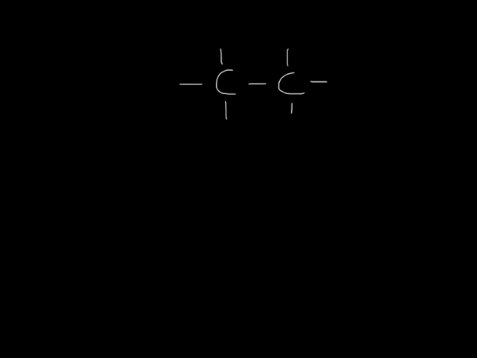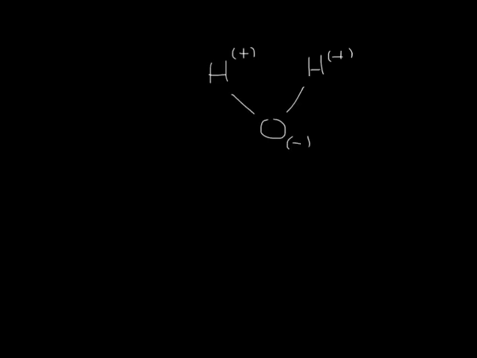Covalent bonds between carbon atoms store energy and provide structure in molecules such as carbohydrates and proteins. Covalent bonds between hydrogen and oxygen, where electrons are shared unequally, create what's called a polar covalent bond and slightly positive and negative charges.